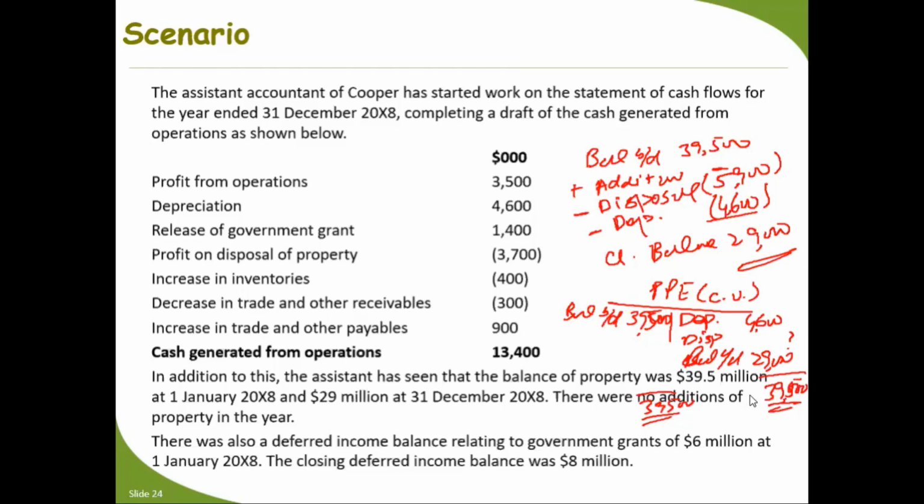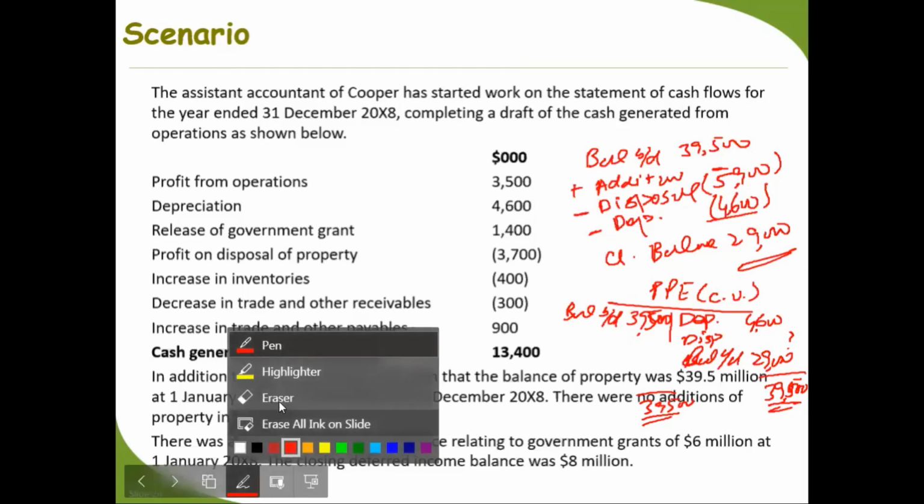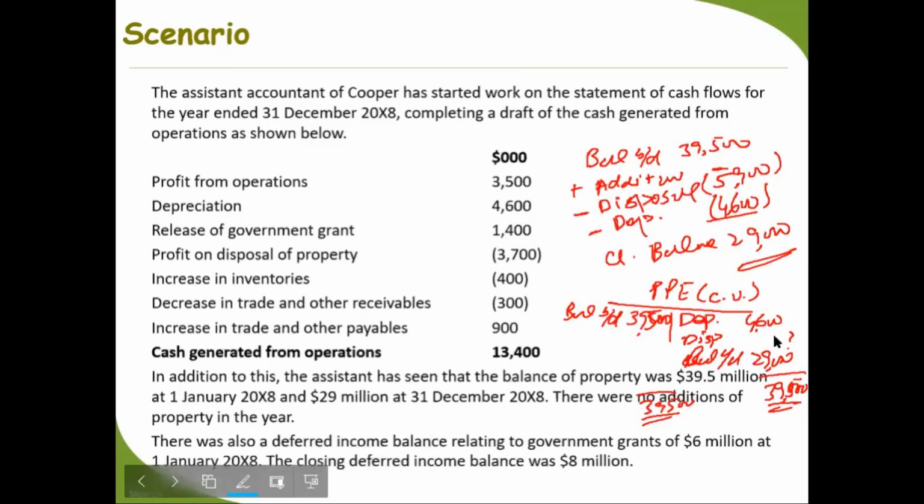So 39,500 minus 29,000 minus 4,600 equals the balancing figure, 5,900.